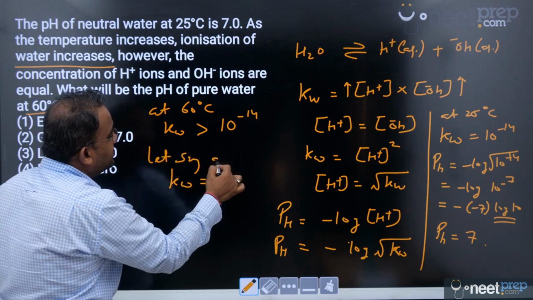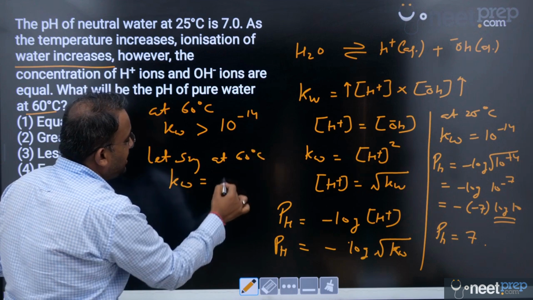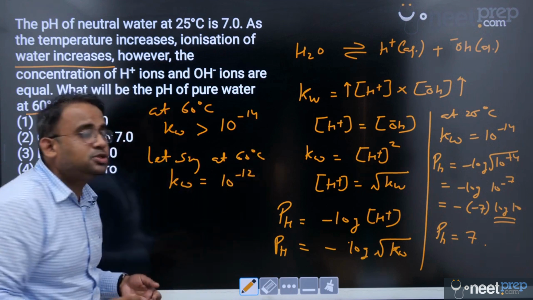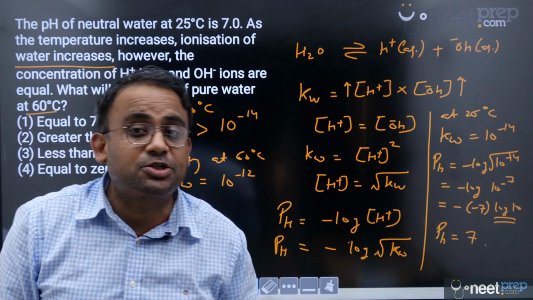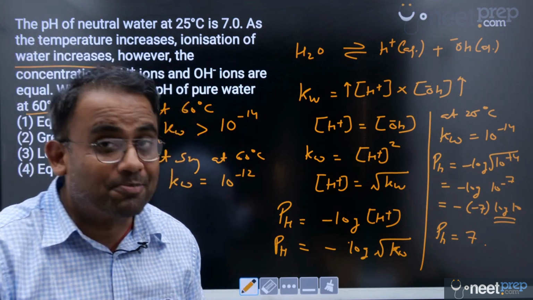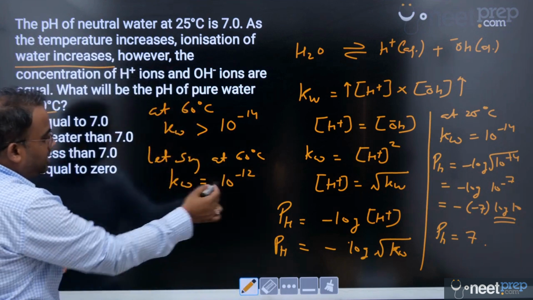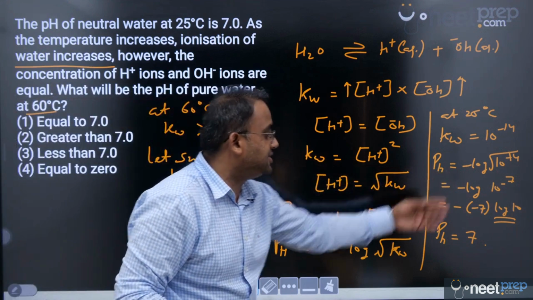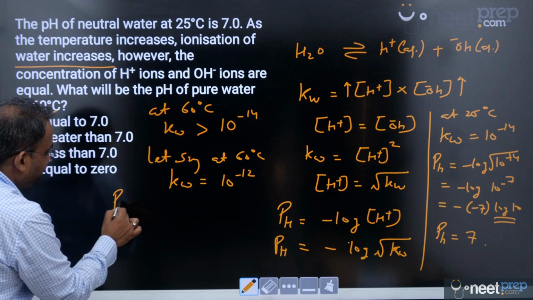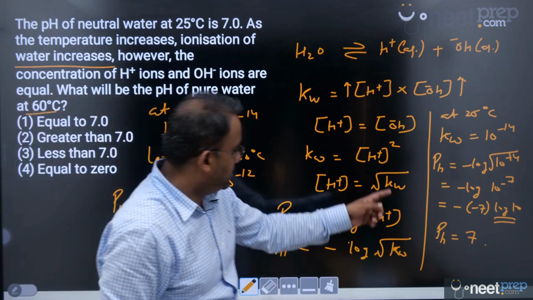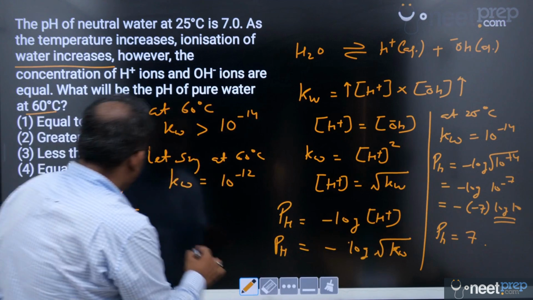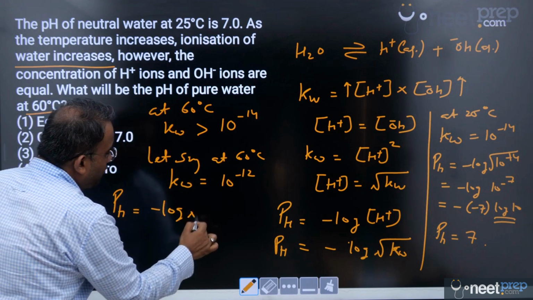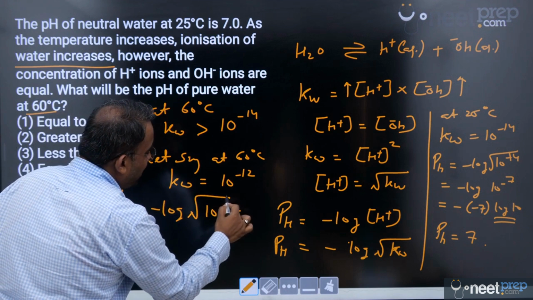So let's say Kw at 60 degrees Celsius is 10 to the power minus 12. Please don't get confused. 10 to the power minus 12 is greater than 10 to the power minus 14. Because of the increase in ionization, it has increased. Now my pH, using this relationship, will be minus log of square root of 10 to the power minus 12.